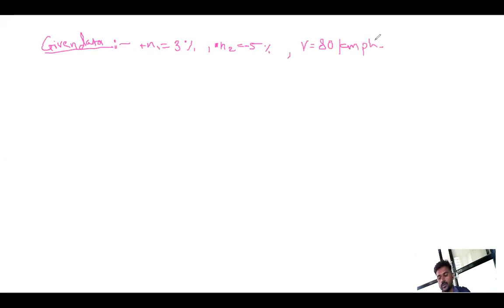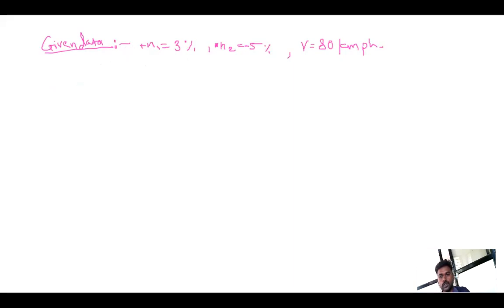Is anything else given? SSD condition. Okay, we have to go with the SSD condition. But we don't know whether the length of the curve is greater than SSD or less than SSD. So we will go with assumptions.